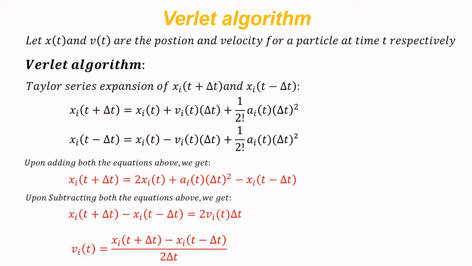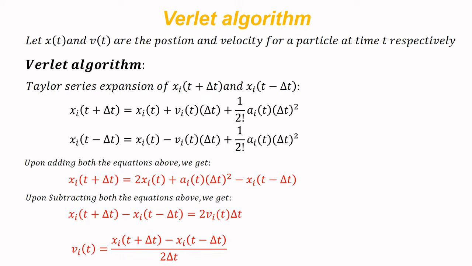And if I write the same equation but just change the sign here, the position of the particle at t minus delta t will be the position of the particle at time t minus the velocity of the particle at time t into delta t plus 1 by 2 factorial the acceleration of the particle into delta t square.